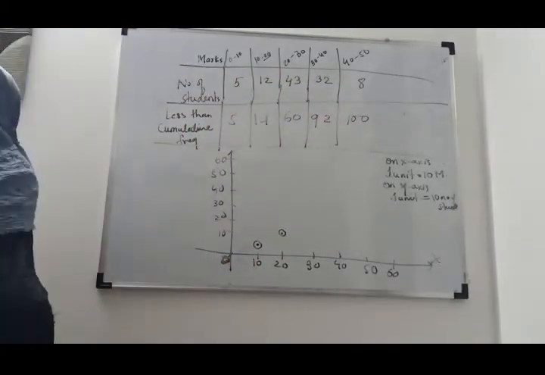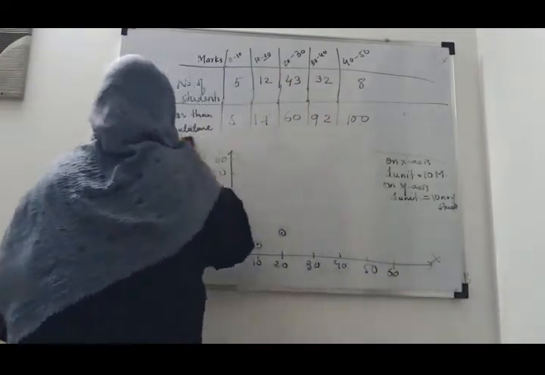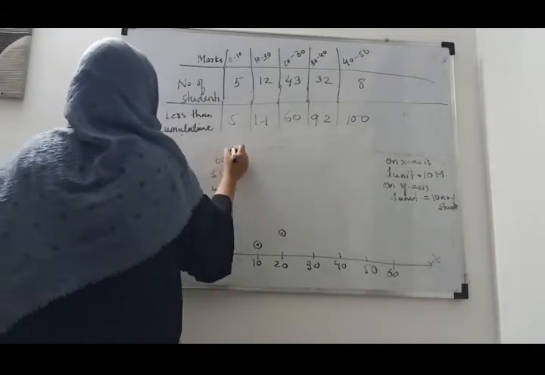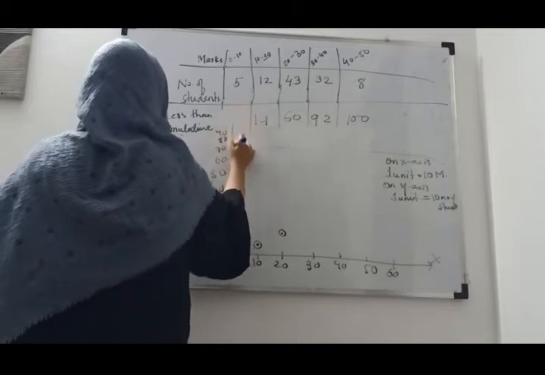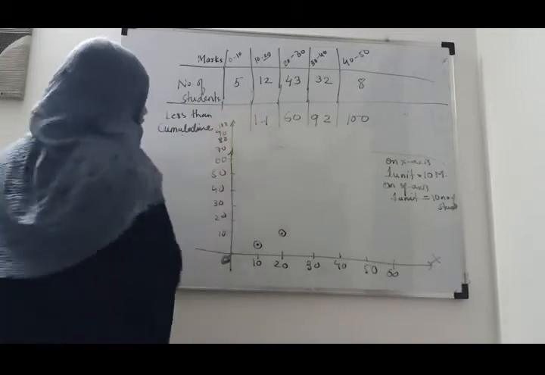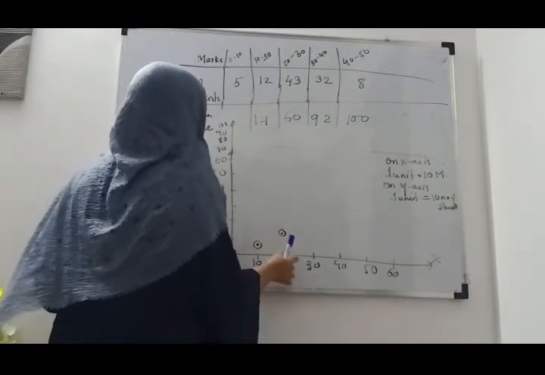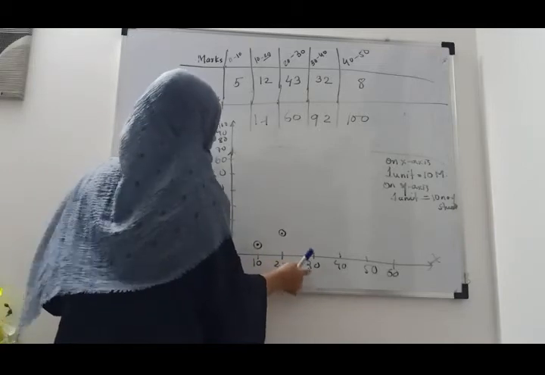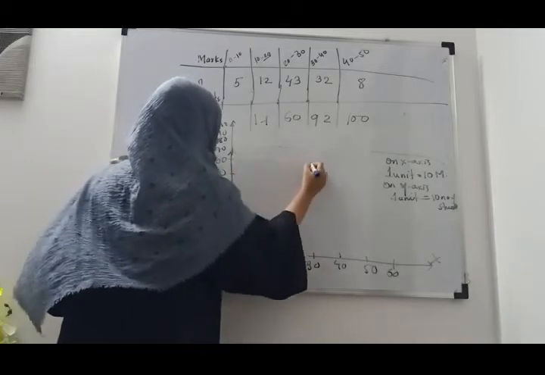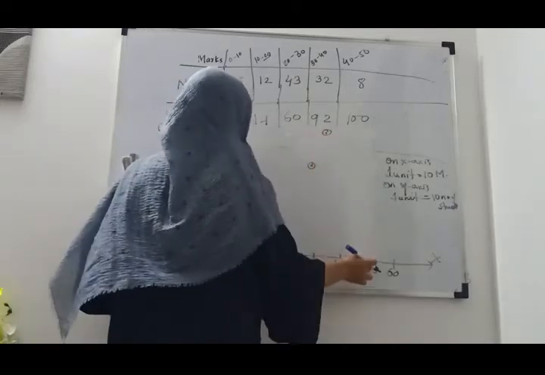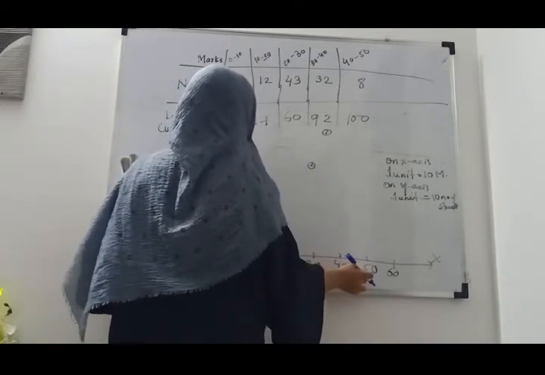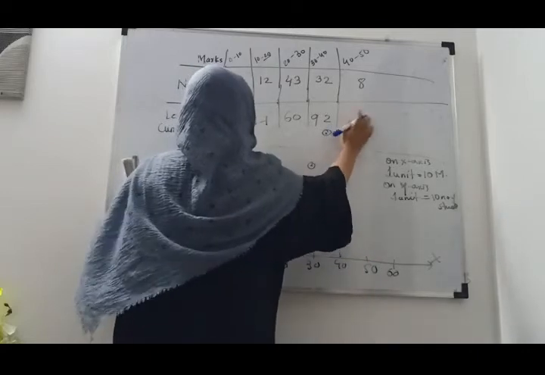Okay, so this graph will go up. 70, 80, 90 and 100. Okay, now for the next it is 60 here. Now for the 40 it is 92, something here, and for the 50 it is 100 here.